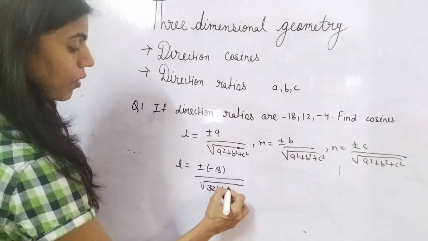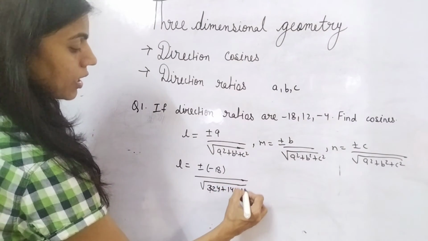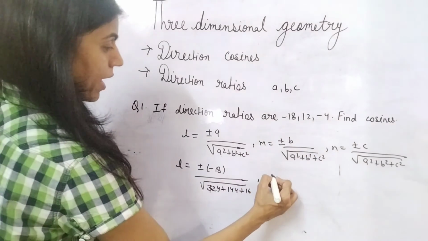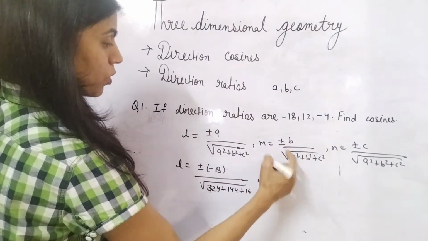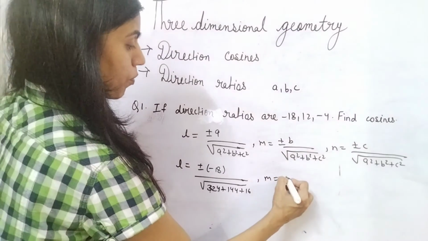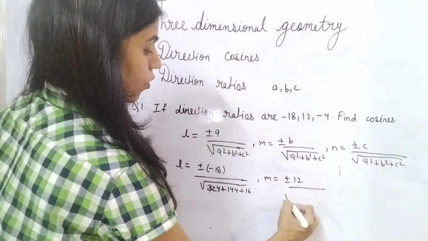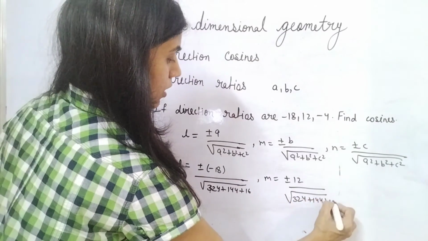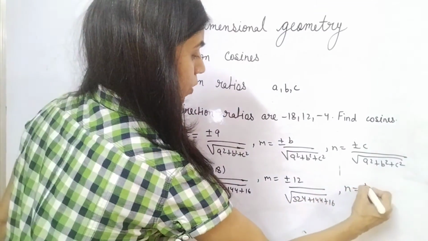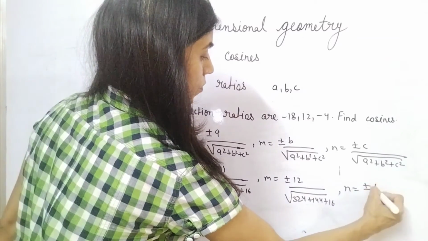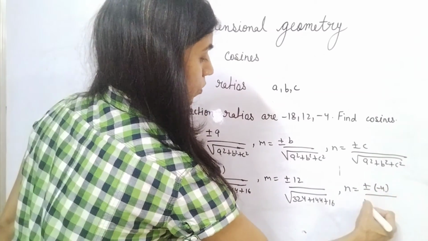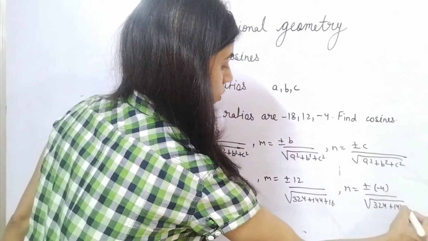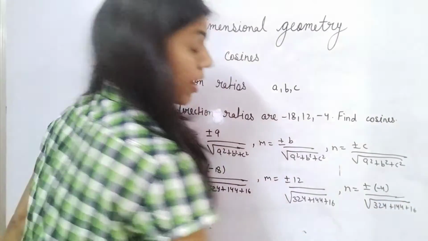Plus 12 square, 144, plus 4 square is 16, right? Same way m is equal to plus minus 12 upon root of 324 plus 144 plus 16, and n is equal to plus minus 4 upon root of 324 plus 144 plus 16, right students?